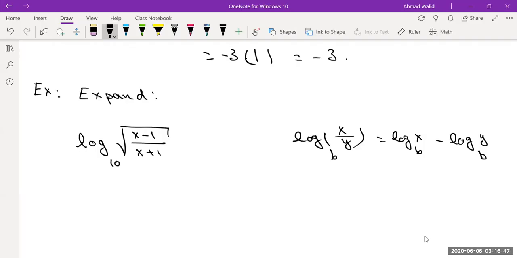First thing to do, change the square root from radical notation to exponential form, right? You can write log of (x minus 1 over x plus 1) all to the power of 1/2, and the base is 10.